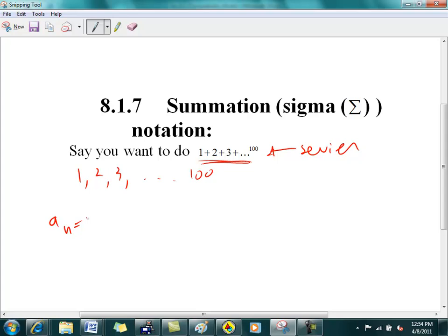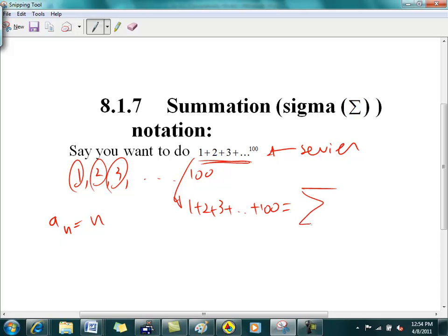It's just n. Because if n is 1, you get that. If n is 2, you get that. If n is 3, you get that. So you can actually write this thing, 1 plus 2 plus 3, and so on, plus 100, as sigma, n starts out with 1, goes up to 100, and that becomes n.